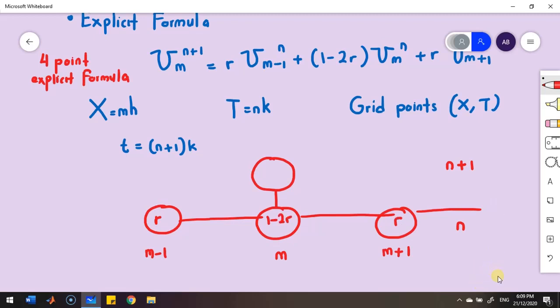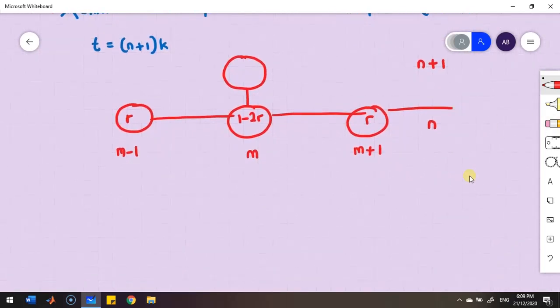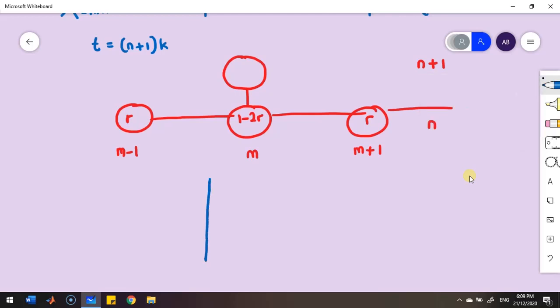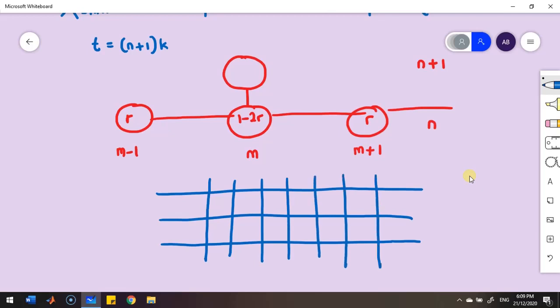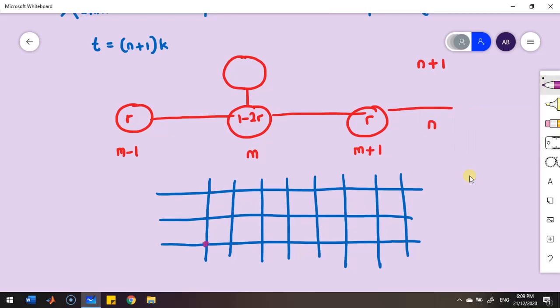So what this tells you in an actual grid, let me sketch it out for you. This computational molecule is, let's say you're looking at your x and y axis here. Let's say this is my grid point. Okay, it's not that good, but it's okay. So let's say your origin is here.